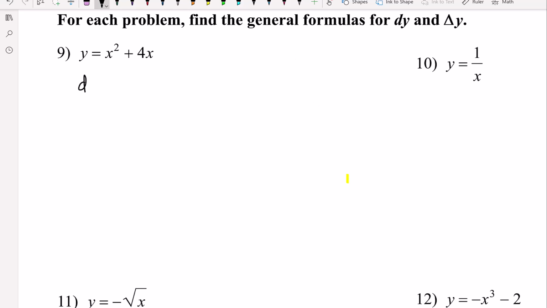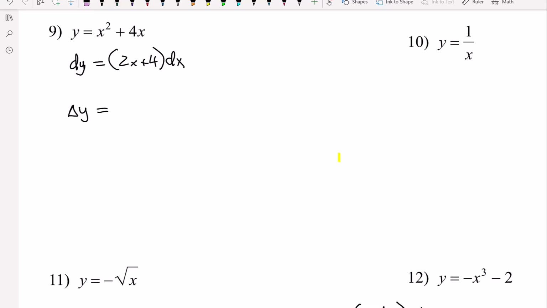And at this point, because you know the dx is going to end up on the other side, which is what my note sheet shows, you're just going to take this derivative, tack on dx like that. I'm okay if you do that. Okay, now delta y looks like this.